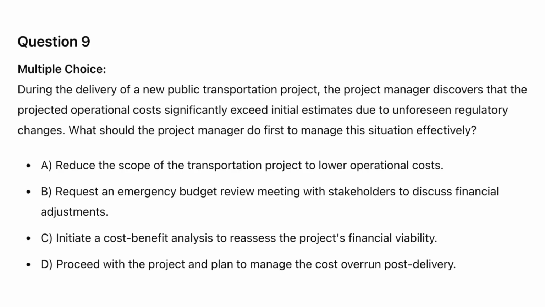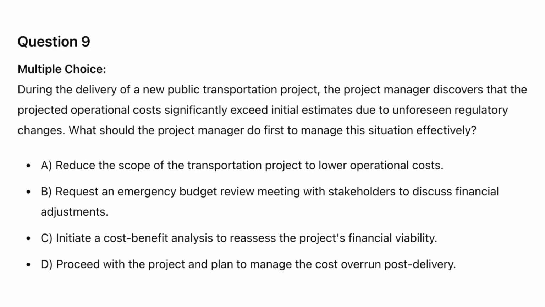Question 9. During the delivery of a new public transportation project, the project manager discovers that the projected operational costs significantly exceed initial estimates due to unforeseen regulatory changes. What should the project manager do first to manage this situation effectively? A. Reduce the scope of the transportation project to lower operational costs.